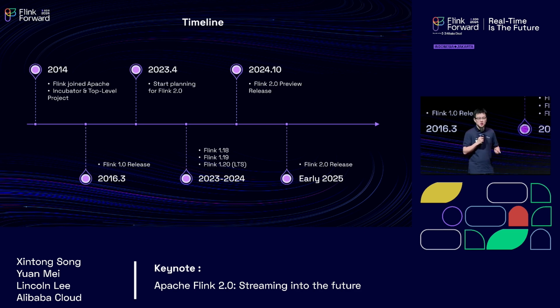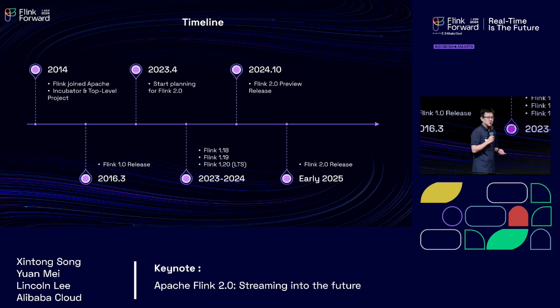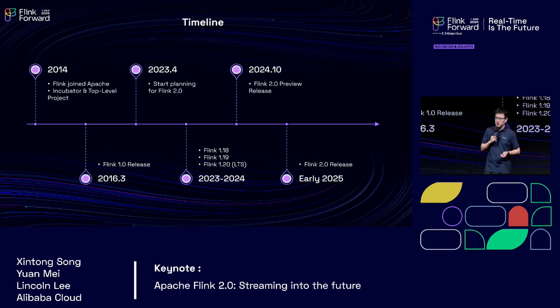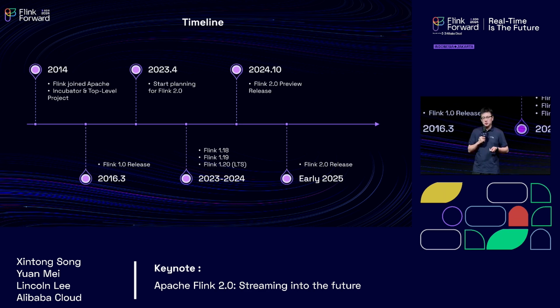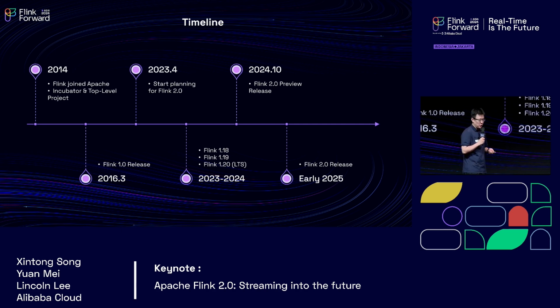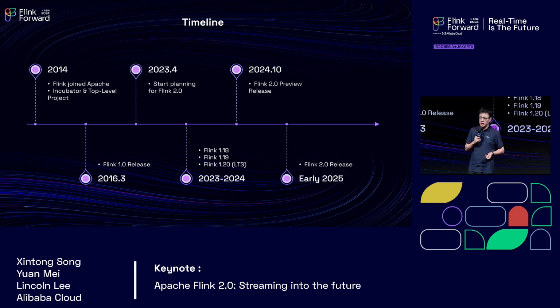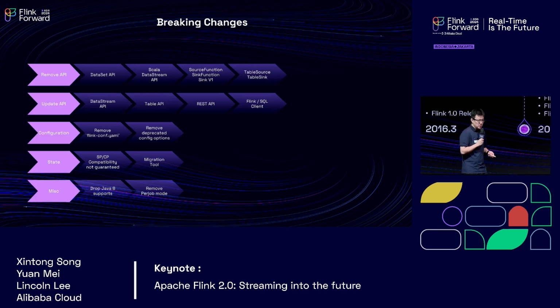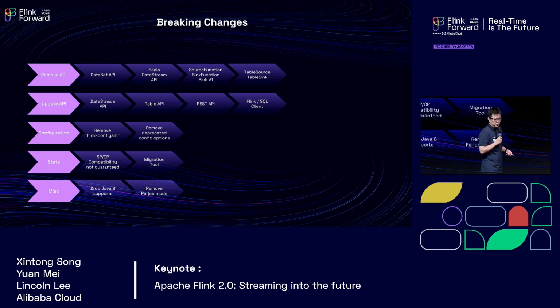The reason it takes this long is that we are making some compatibility-breaking changes in this major version, and we want to leave enough time for our users and partner projects to adapt to these breaking changes. So here is a summary of the breaking changes.